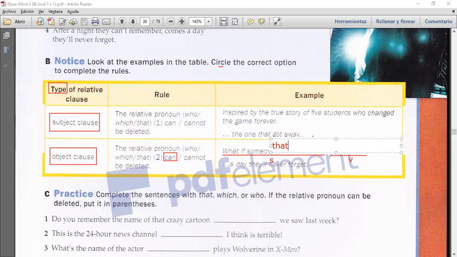That is deleted. Where does that belong in this? That must be here in this part. As your partner said, what if someone that you love just disappeared?